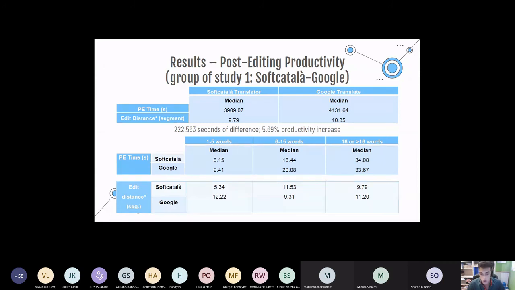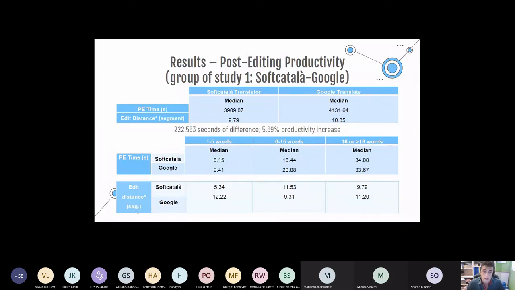That's 222.56 seconds of difference, and that means that we get a 5.69% productivity increase using Softcatalà Translator rather than Google Translate. So we would translate faster and more words with Softcatalà Translator than with Google Translate.